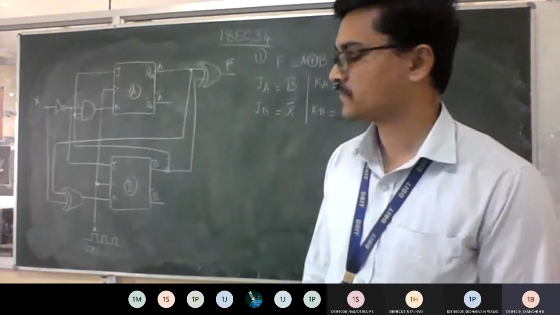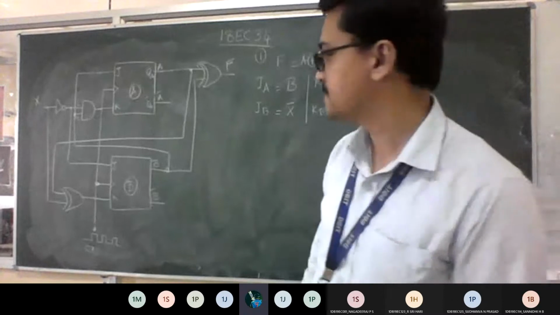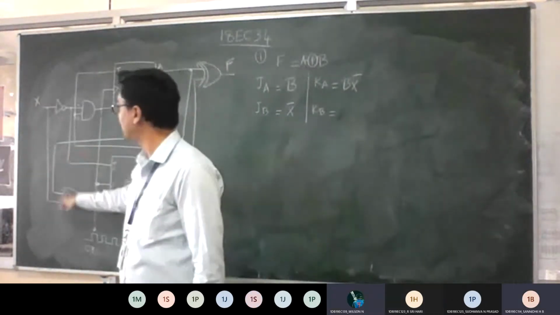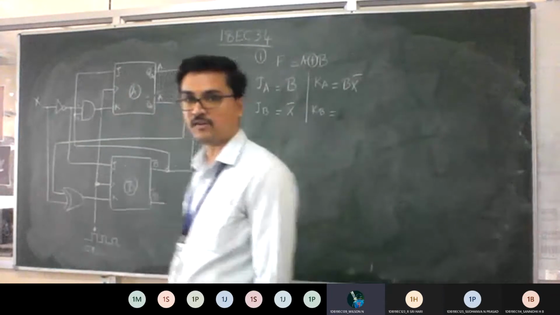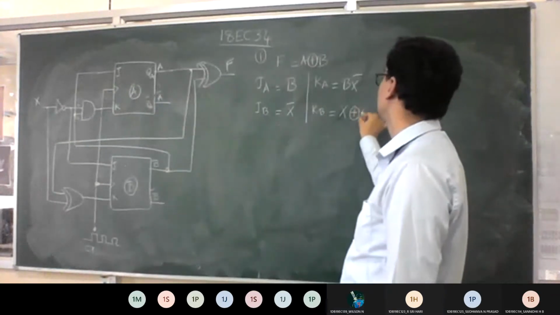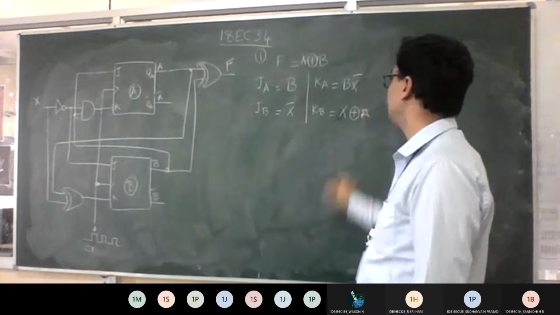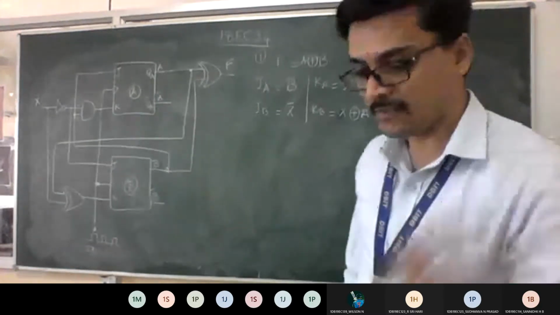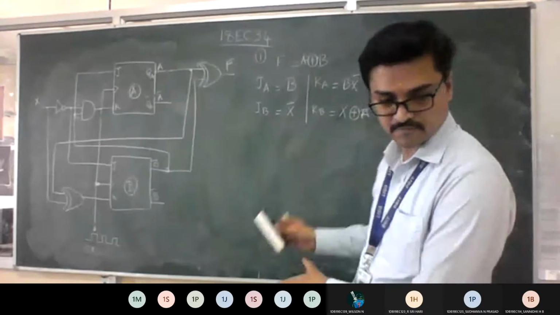KB is A XOR X. Here A and X are the inputs for the XOR gate. So I can claim A XOR X or X XOR A. Both are the same. Is it fine?